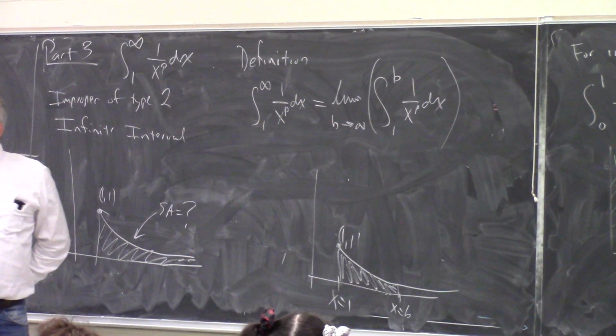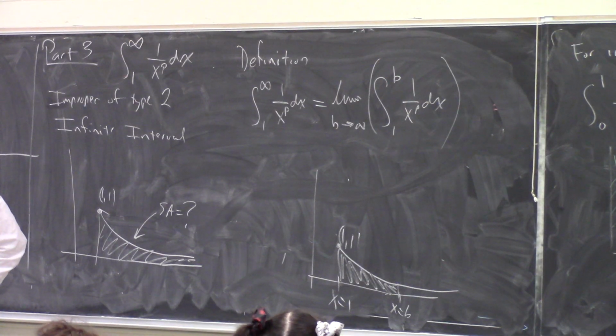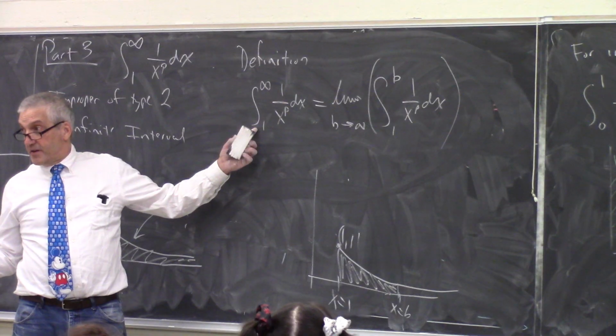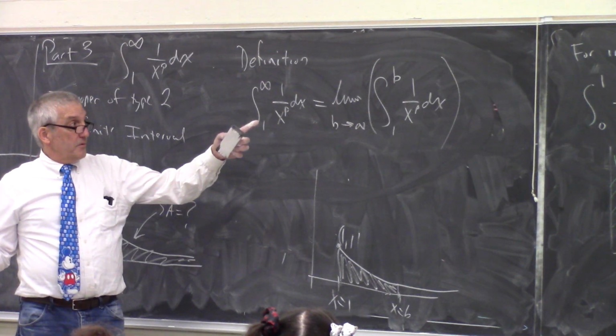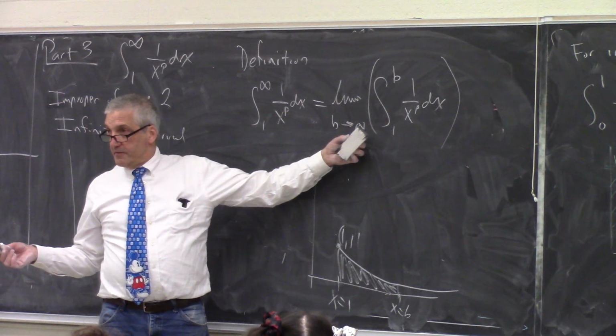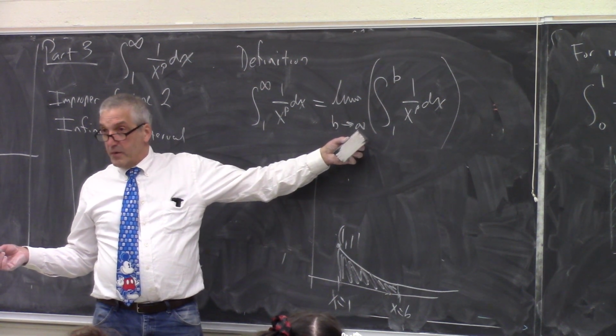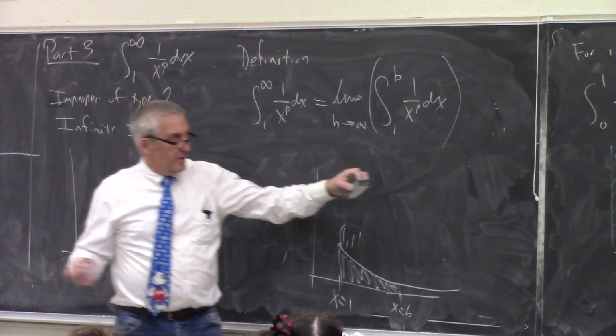And again, if this limit exists and is a number, then we say that the integral converges and its value is that number. If this limit is not a real number, we say that the integral is divergent. But we can still talk about its value.